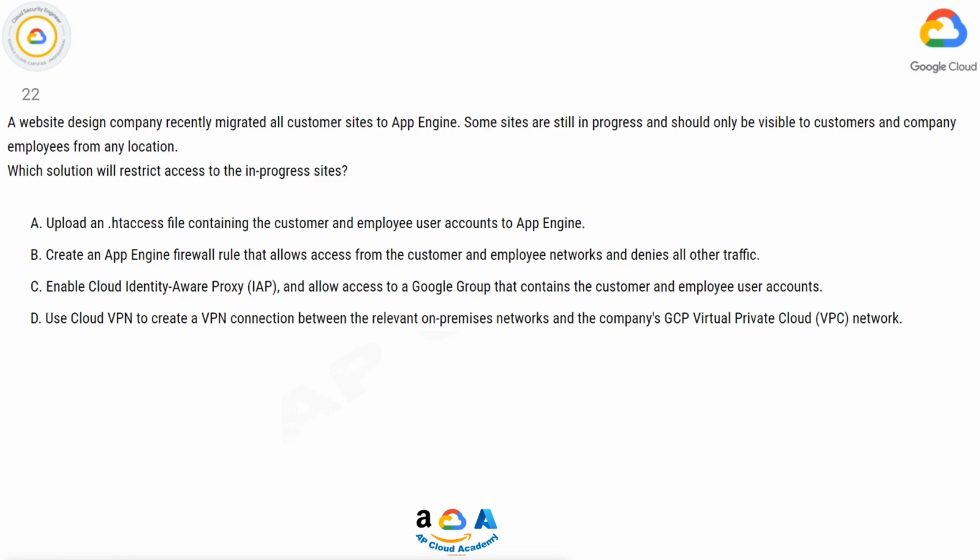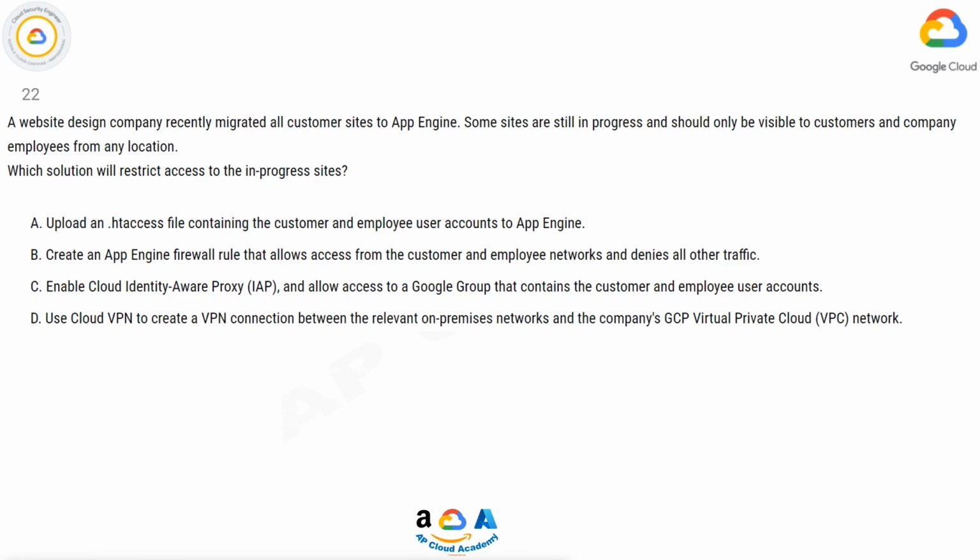22. A website design company recently migrated all customer sites to App Engine. Some sites are still in progress and should only be visible to customers and company employees from any location. Which solution will restrict access to the in-progress sites? A. Upload an .htaccess file containing the customer and employee user accounts to App Engine. B. Create an App Engine firewall rule that allows access from the customer and employee networks and denies all other traffic.